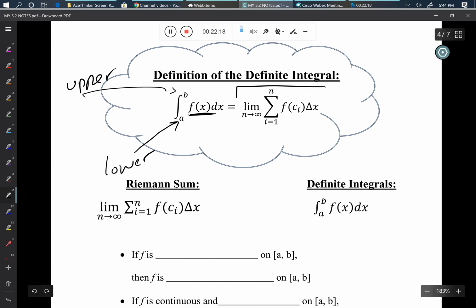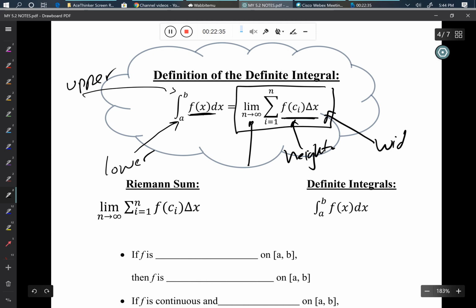And how do we do that? We do this right here. We take the limit as the number of rectangles approaches infinity, and then this is going to be our height multiplied by our width.